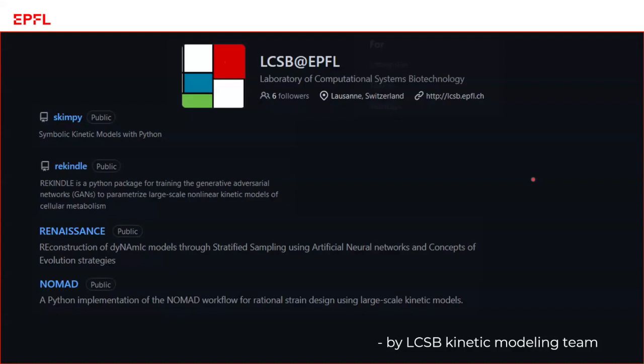So before you developed Renaissance, you did all the software, and you needed to train the discriminator with real parameters. How do you get these real parameters? Are they really taken from actual experimental data? We took 108 parameters from the BRENDA and SABIO-RK databases, these two databases, and the remaining parameters we estimated.